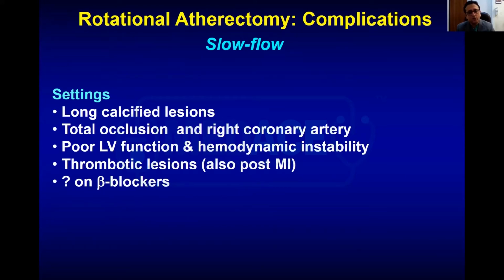So when you see a long calcified lesion, or you're trying to rotablate into a chronic total occlusion, right coronary arteries, somebody with poor LV function, or somebody who is hemodynamically unstable, or if you're doing it in a thrombotic lesion, it's not totally contraindicated. If you cannot balloon dilate a lesion, you have to do something to make it yield. So you can do it, it's not recommended, but if you're doing it, you can obviously expect slow flow.